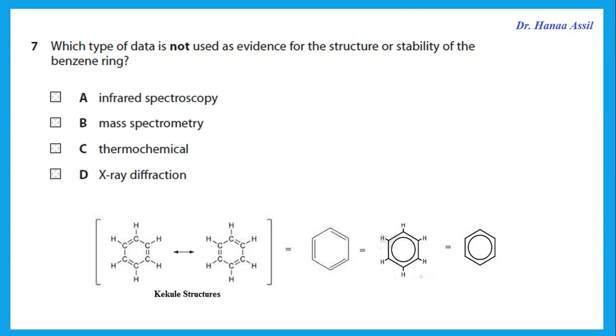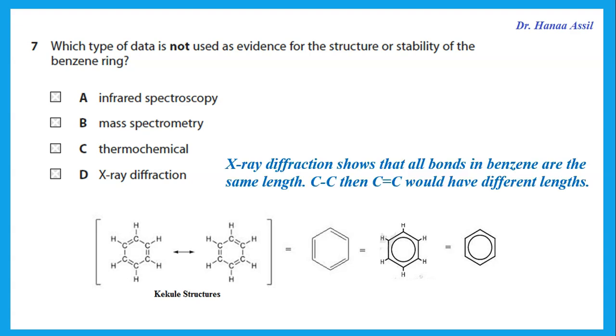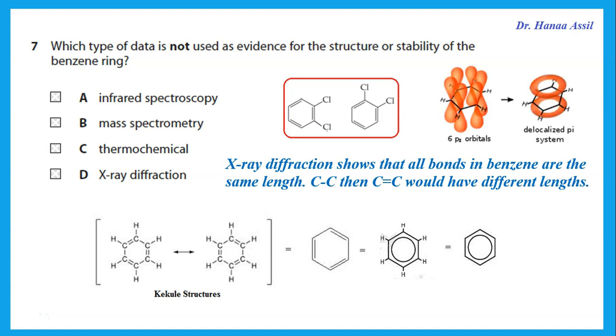But then, if we have alternating single and double bonds, then they should be of different lengths, because a double bond is shorter than a single bond, but then X-ray diffraction, for example, shows that all the bonds in the benzene are the same length, and therefore there is a delocalization. The electrons of the p orbitals of all the carbon atoms are said to be delocalized over the benzene ring, so that all the bonds are of the same length.